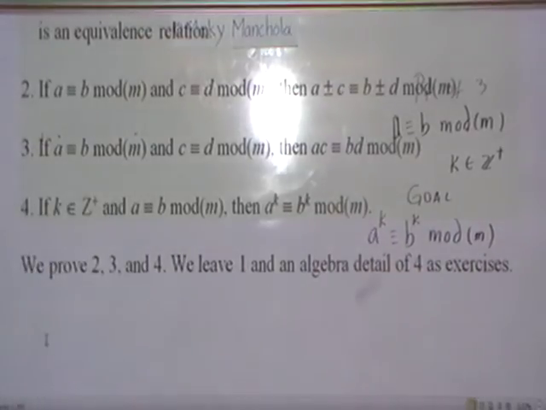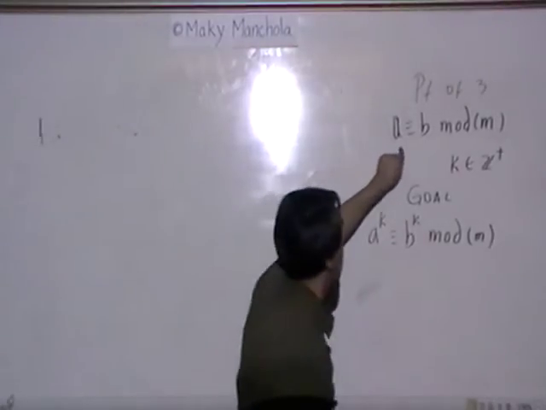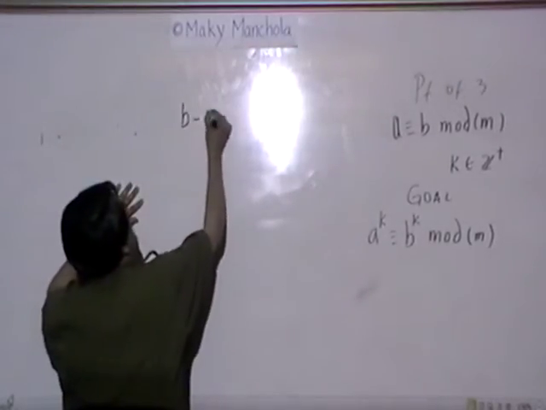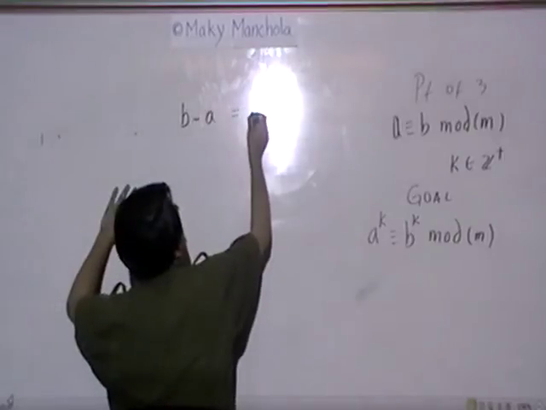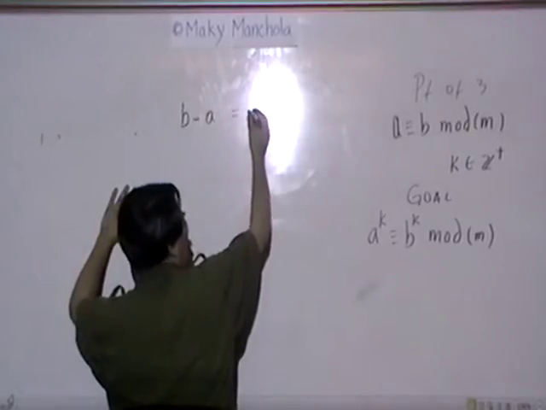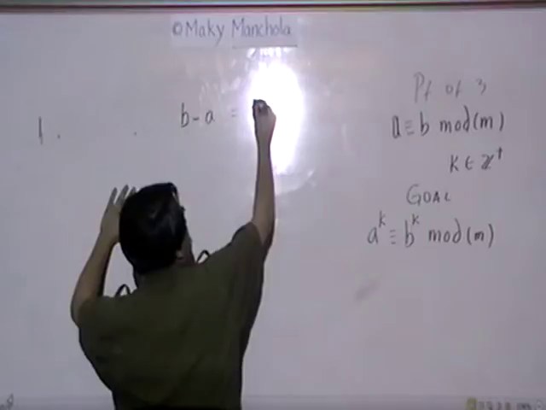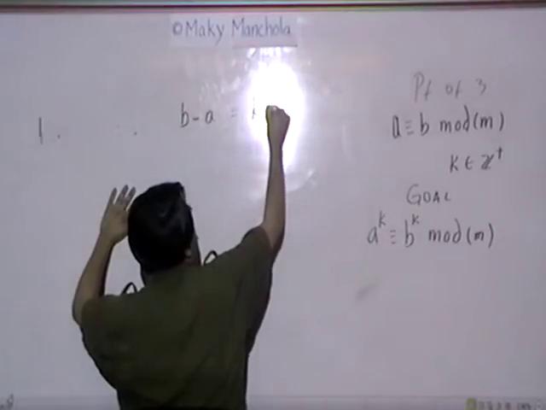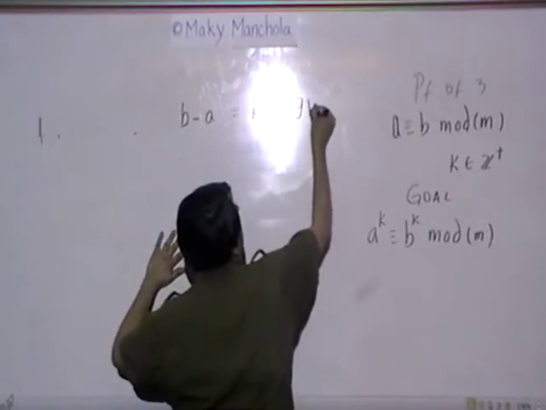Alright, so that's our goal. Now let's translate what the goal is and then see if we can make use of what we have. What we have is that b minus a is a multiple of m. b minus a is km for some integer k.